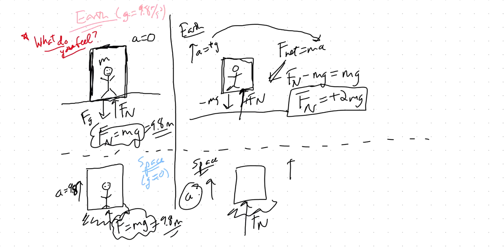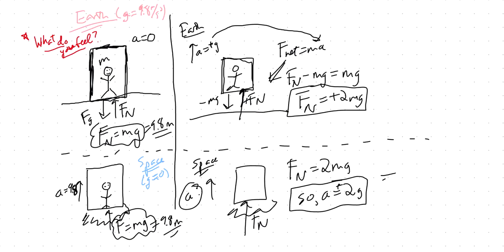Fn equals 2mg, so the acceleration is 2g. Which means that this is also the same as being on another planet with gravity.